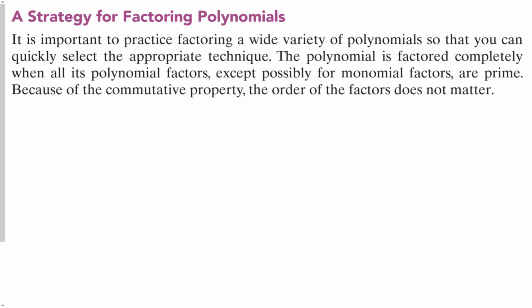So you got to put all these together, and you want to select the right technique to use quickly. And you can do that by looking at how many terms are in the expression. And of course, the order of the factors does not matter.